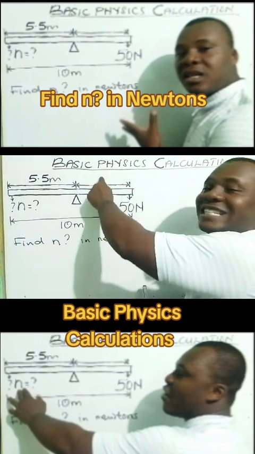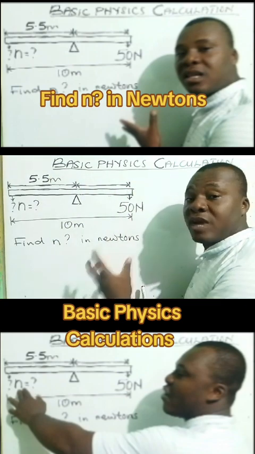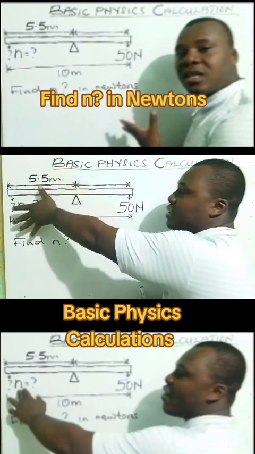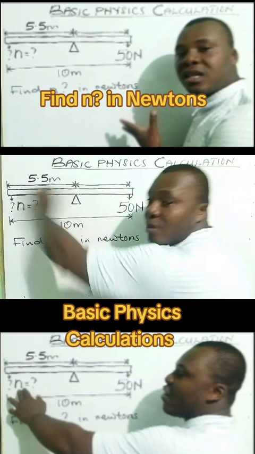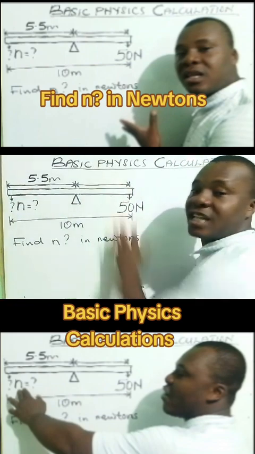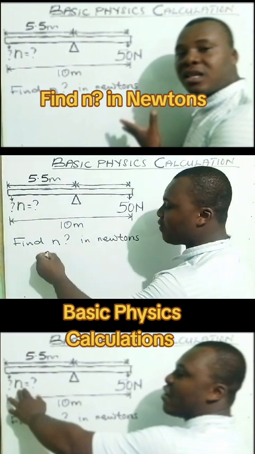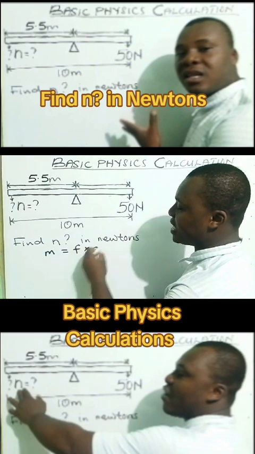Then we need to find the distance also from this pivoted point to this side. And in moment, just as I told you in the previous video, the force here and the force here must be the same to bring this bar to a perpendicular line. So now we know moment is equal to force times distance.